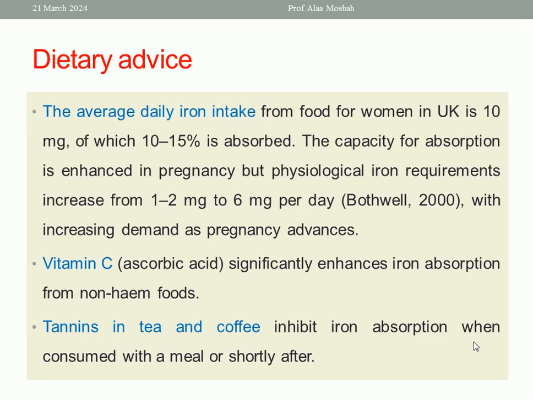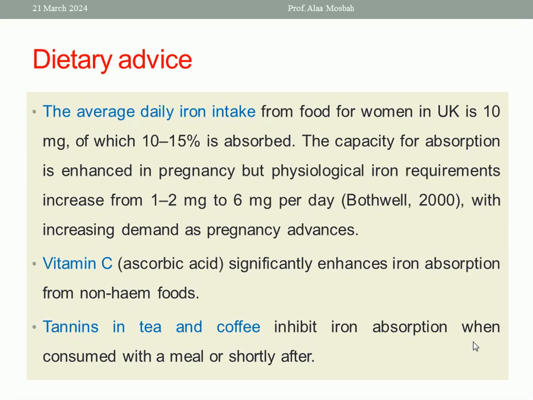Non-heme foods are the iron present in cereals, legumes, seeds, nuts, and eggs.